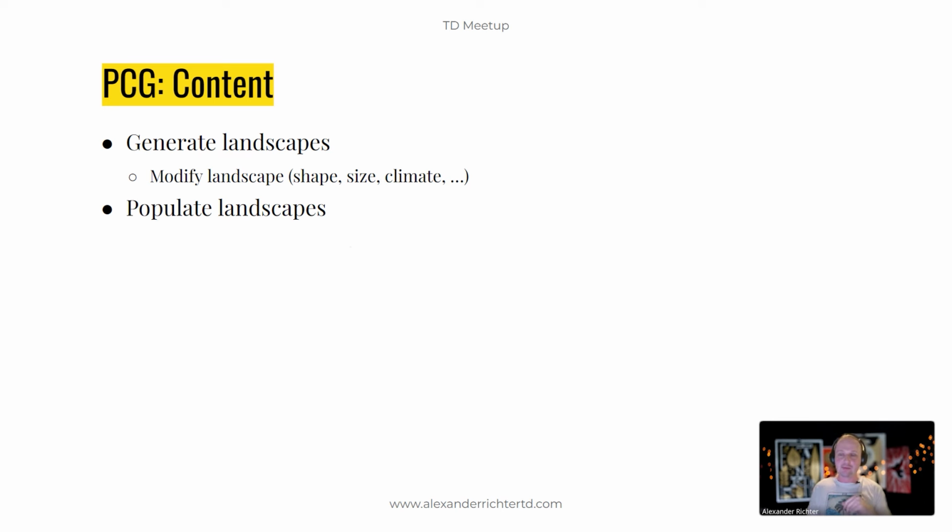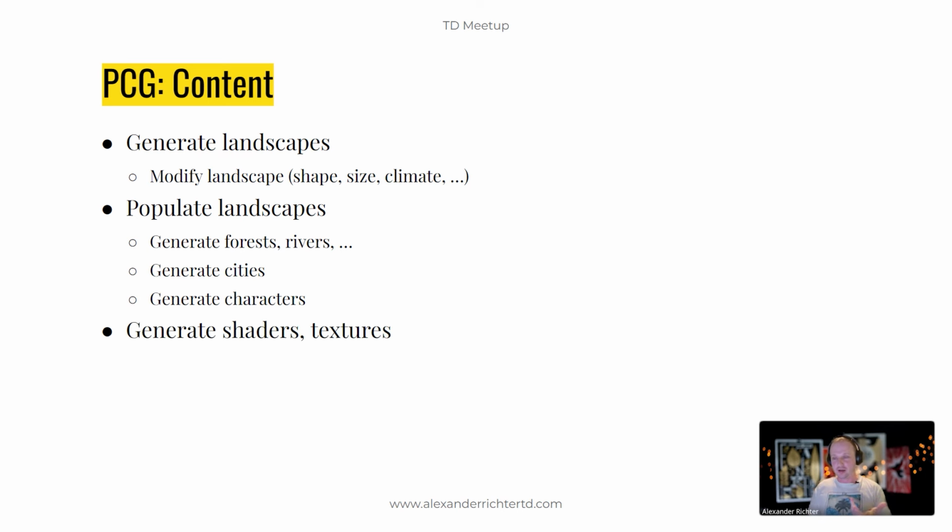Obviously, a landscape is relatively boring. We need stuff. So generating forests, rivers, cities, and obviously filling it with characters, animals, and so forth. Obviously, we can do it manually, but with PCG, we can distribute it algorithmically. It's not only modeling elements, it's also things like shading and textures.